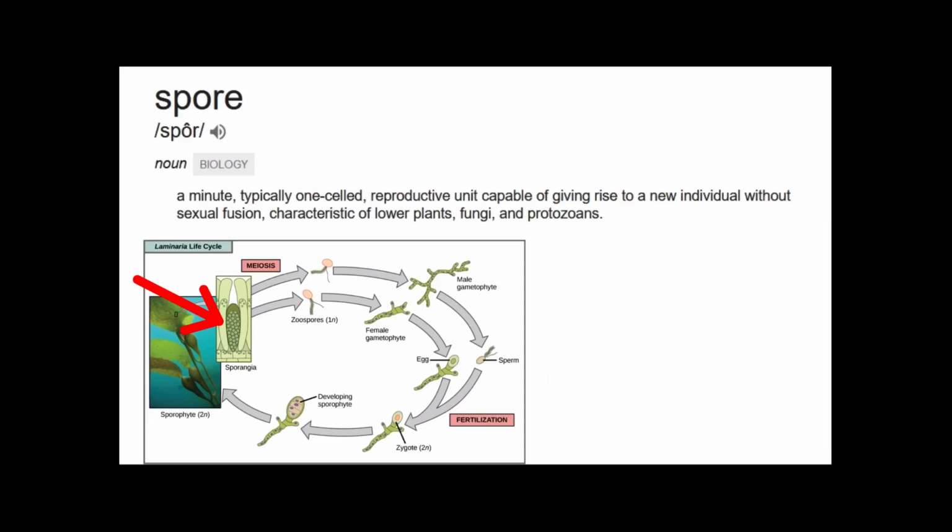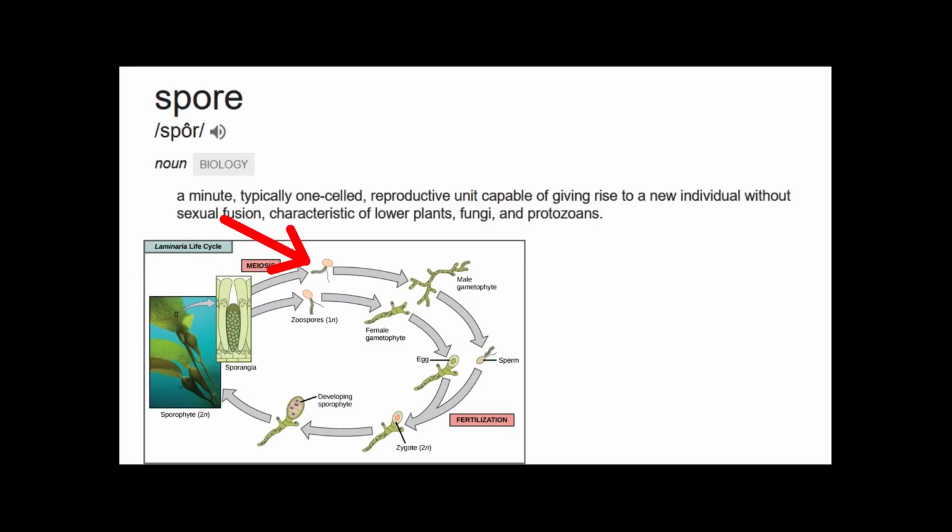And sporangia, again, are sites where spores are made through meiosis. Now remember, spores are not gametes because they are destined to reproduce as 1N tissues, while gametes are destined to fertilize each other.